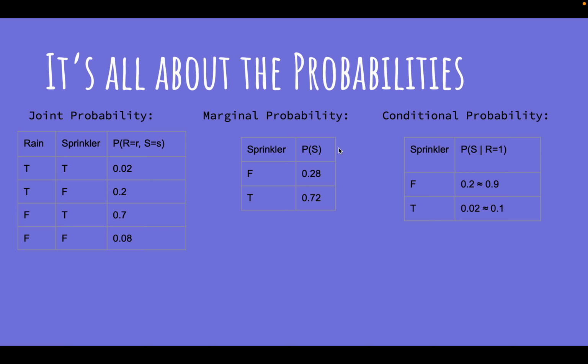The conditional probability is something given something, right? So now we're looking at things when it is raining, right? These are often the things we're trying to calculate, the conditional probability table. So we're only looking at when it is raining, and we can only take these two outcomes, right? So if the sprinkler's off, it's 0.2, and if the sprinkler's on, it's 0.02.